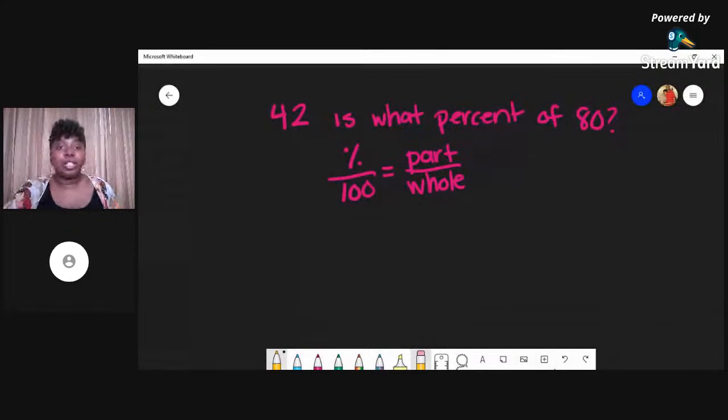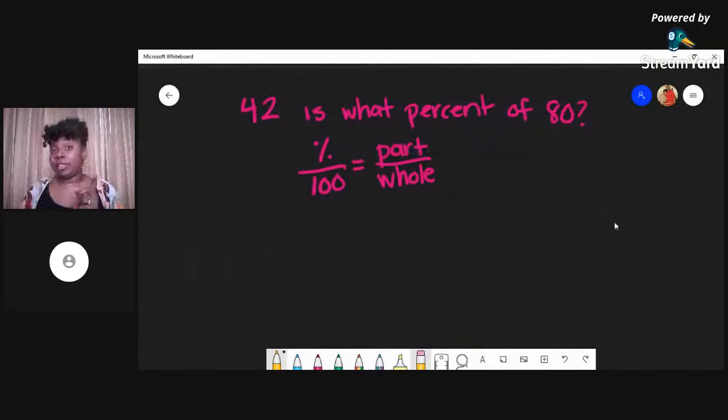Okay, so it says 42 is what percent of 80? So does the 80 have a percent sign next to it? No. So remember that other one said 33% of what number, right? So there was a percent sign next to the percent. So the percent's always going to be the easiest to discover because it has a percent sign. But this says what percent? That means what? What am I going to put here?